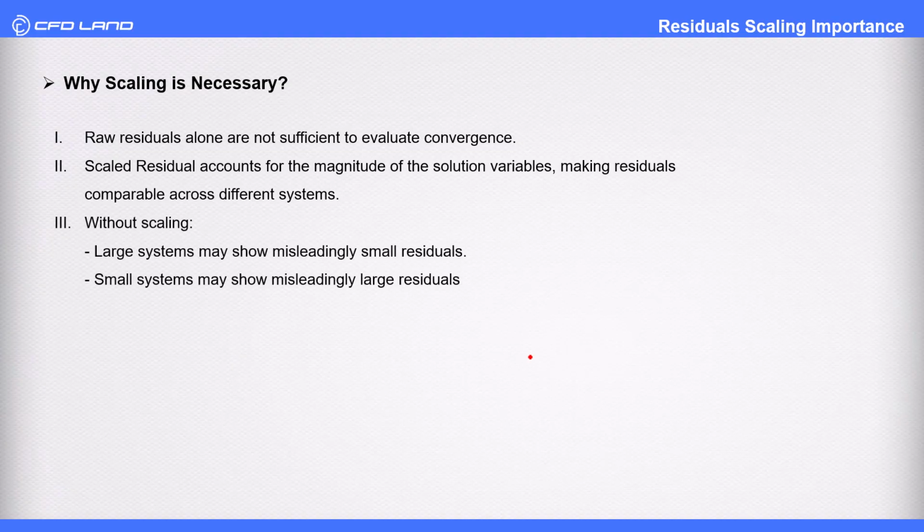And sometimes, if we do not scale, small values can mislead us to thinking that we achieved convergence, and large values also in a small system can mislead us to wrongly thinking that we have achieved convergence.